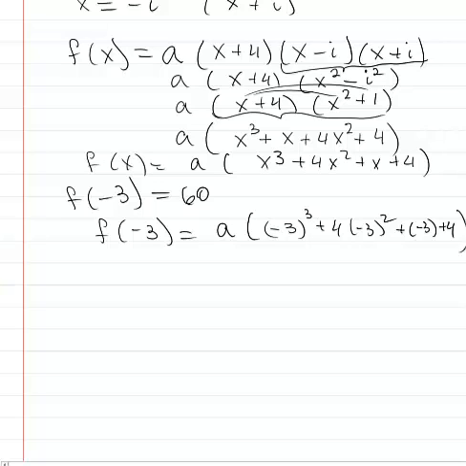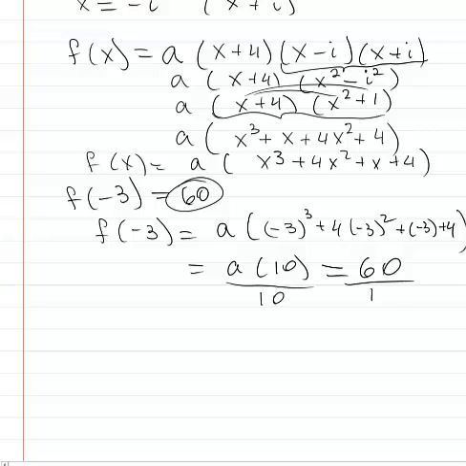Okay, let me put that in. So negative 3 cubed is minus 27 plus 4 times 9 minus 3 plus 4, correct? So I'm getting 10. So it will be a times 10, and that needs to be 60, you see? That's the difficult part. So it has to be 60, and because of that, a is forced to be equal to 6.